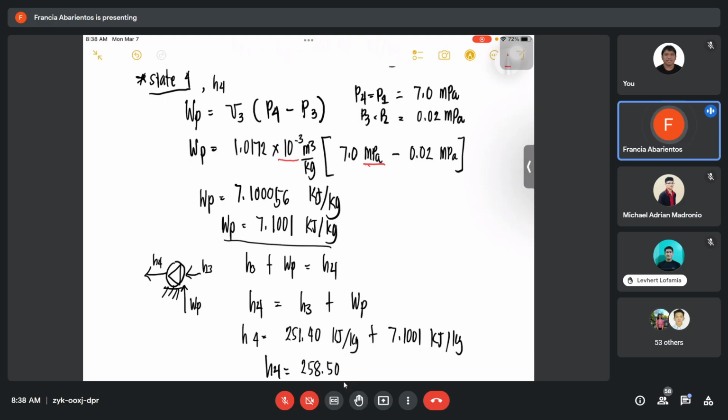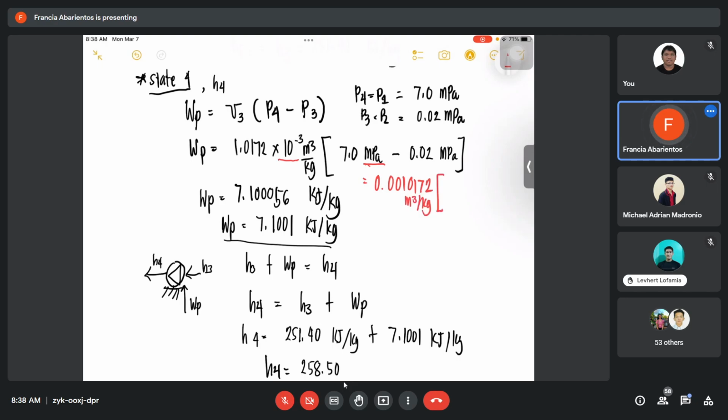In putting in your calculator, para hindi kayo maguluhan, ilagay nyo 0.001. Isulat mo yan sa calculator mo para eksakto ka. This is now in cubic meter per kilogram.